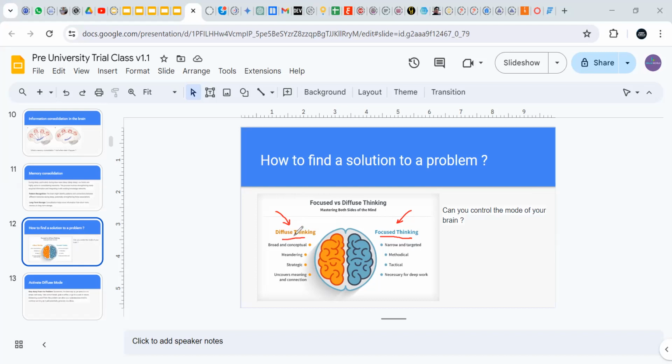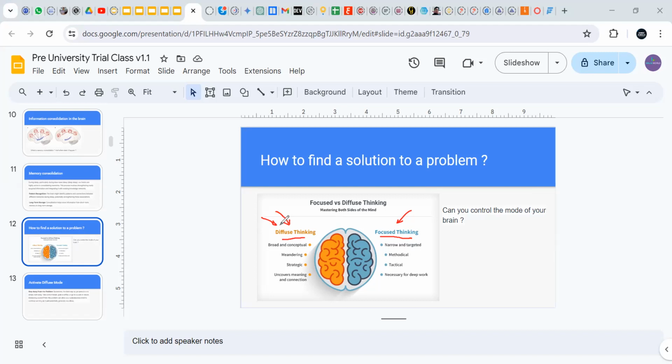If you close your eyes and try to relax without thinking about anything at all, this is putting your brain in a diffuse mode. And if you sit or walk beside the sea thinking about nothing, this also activates the diffuse mode.